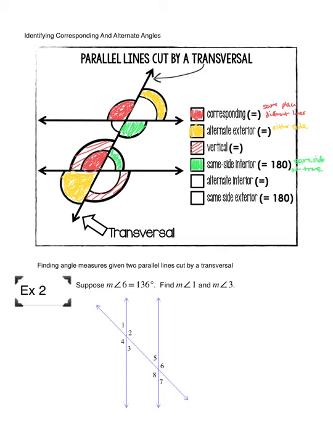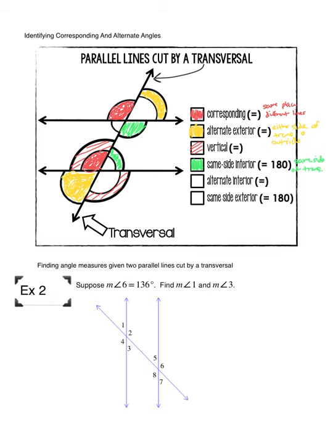All right, let's go to alternate interior angles. Well, if alternate exterior angles were on either side of the transversal and outside, see how the yellow ones are outside the parallel lines?